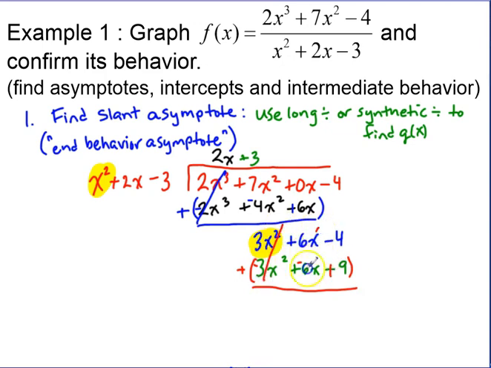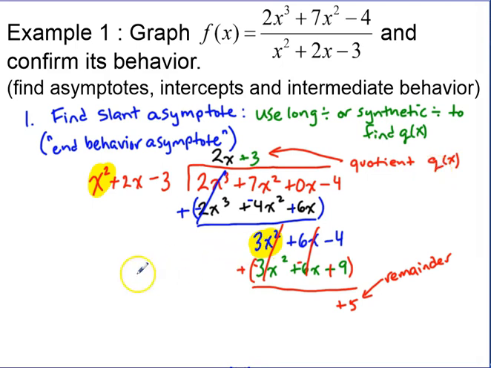Adds to 0, adds to 0, adds to 5. So we have that 5 as a remainder. And we have this 2x minus 3 as our quotient, called q of x. All right, that was fairly laborious here, okay?